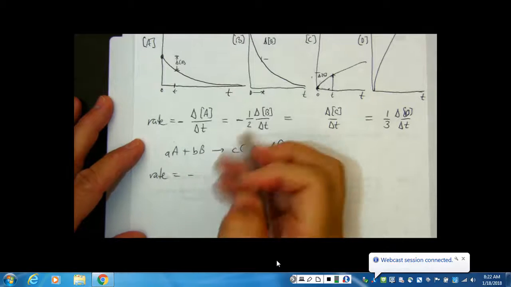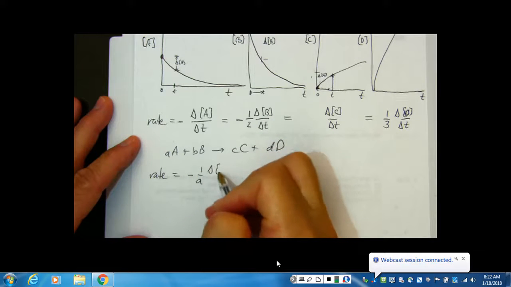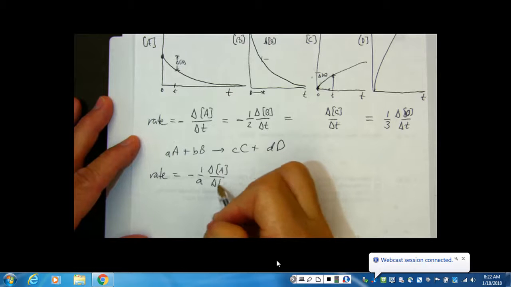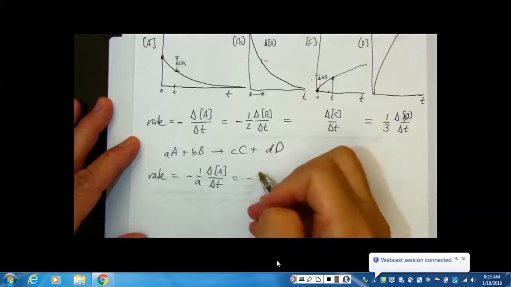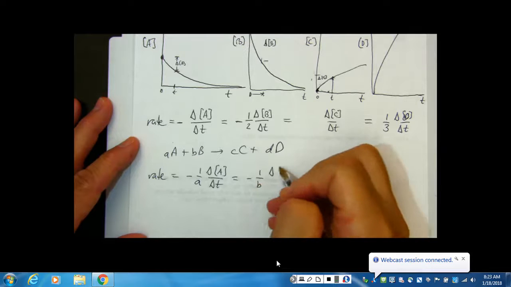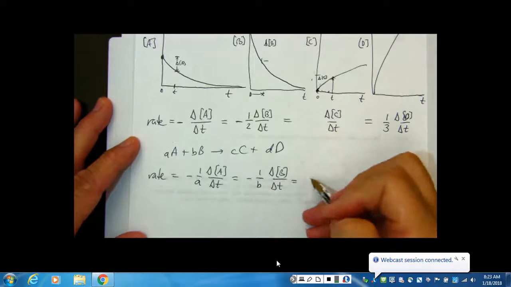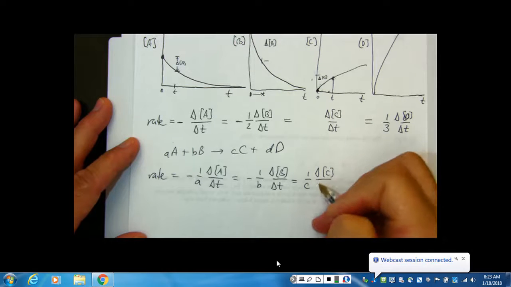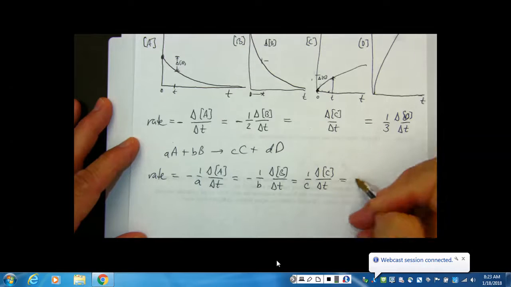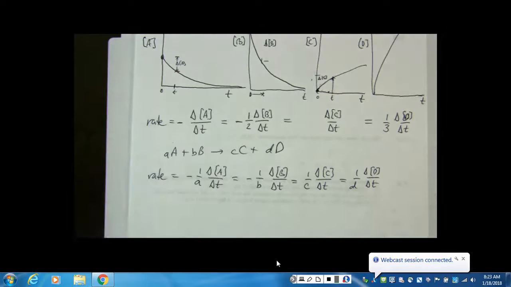Well, I would say it's equal to minus 1 over A, the change in A over the change in the time, minus 1 over B, the change in the B concentration over the change in time, which is equal to 1 over C, the change in the C over the change in time, which is equal to 1 over D, the change in D over the time increment.